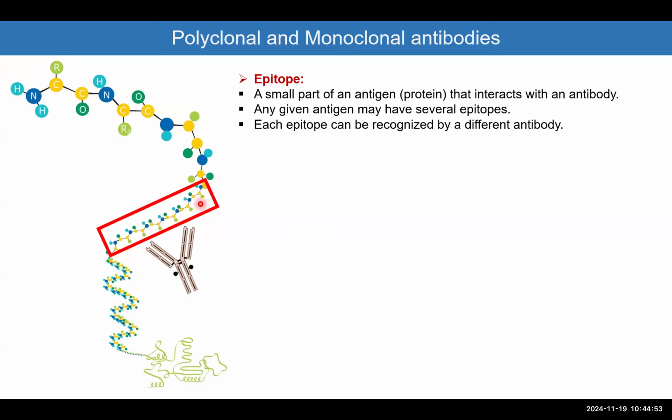The epitope could be somewhere 5 to 15 amino acids or even more that is specifically bound by a specific antibody. So how do we get that antibody to bind to this specific protein?